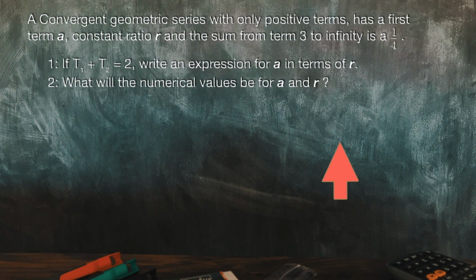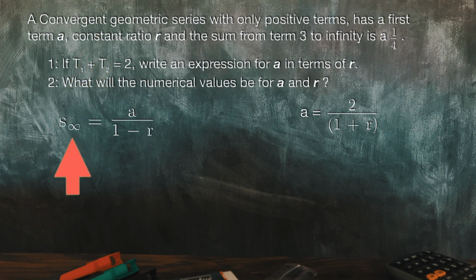Now here we already have the expression for a in terms of r, and we just calculated it earlier on in the lesson. Now the next question tells us, what will the numerical values be for a and r? So we have a convergent geometric series, so I'm going to make use of the sum to infinity formula, and that is equal to a divided by 1 minus r. Why this formula? Because it's a convergent geometric series.